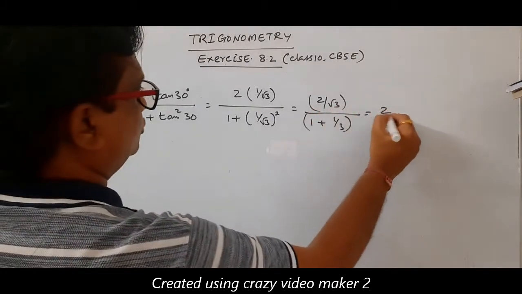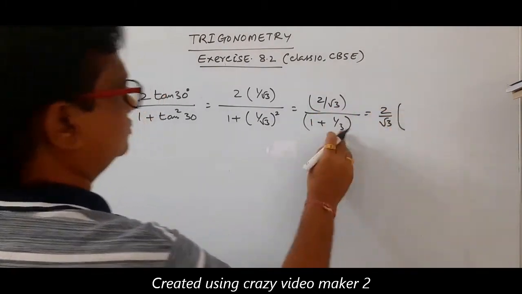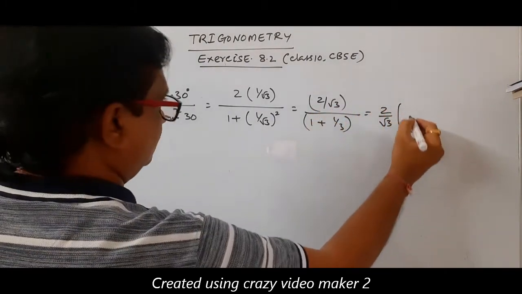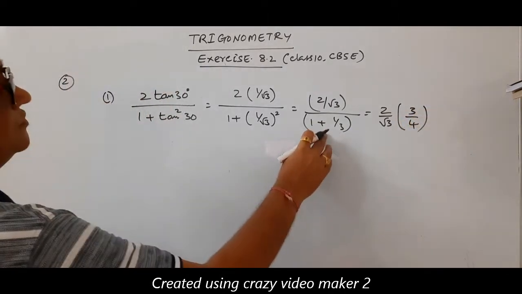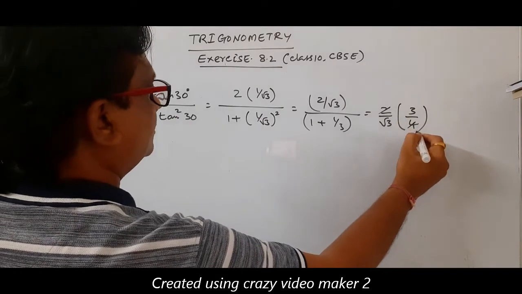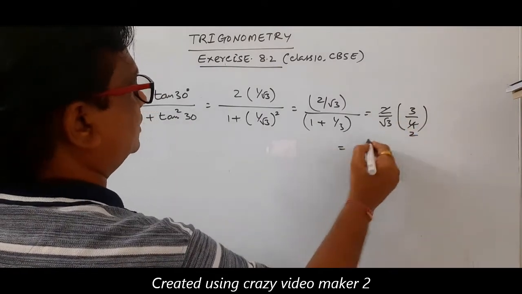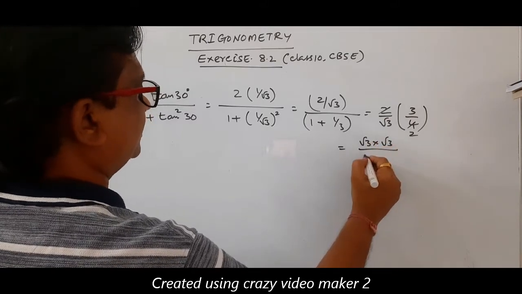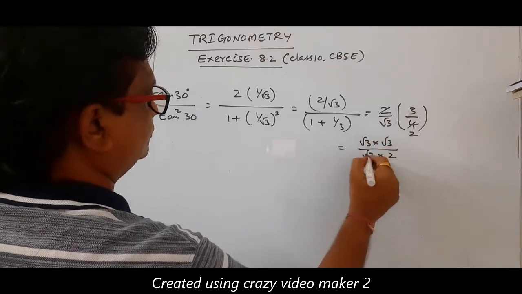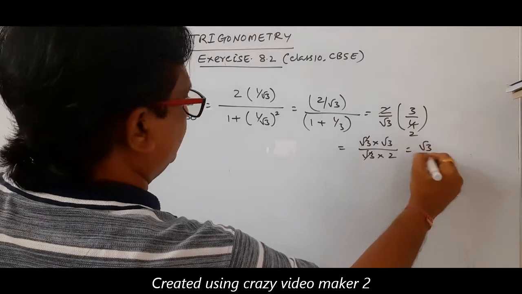So this is 2 by root 3 into 3 ones are 3 plus 1 is 4, so 3 by 4. So 2 ones are 2, twos are. Here 3 can be written root 3 into root 3 by root 3 into 2. So root 3 cancels, root 3 by 2.